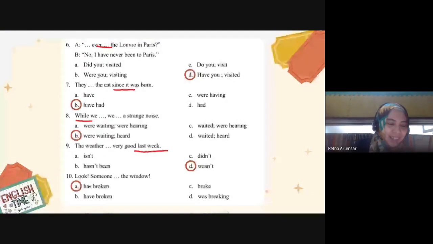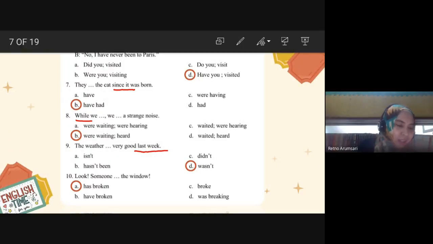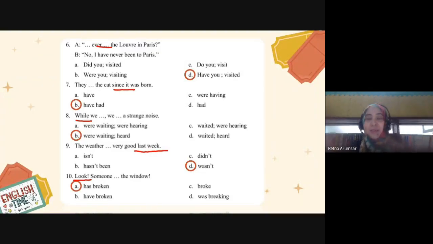Okay, yes, the clue is this. Look, look, look. It means that you can see the result right now. It's connected to the present. It was done in the past, but it's connected to the present.